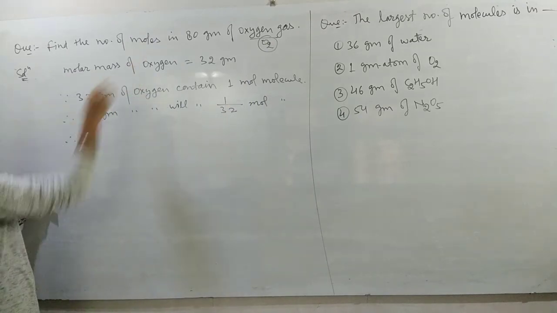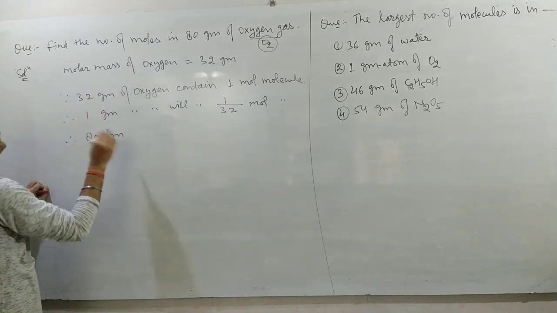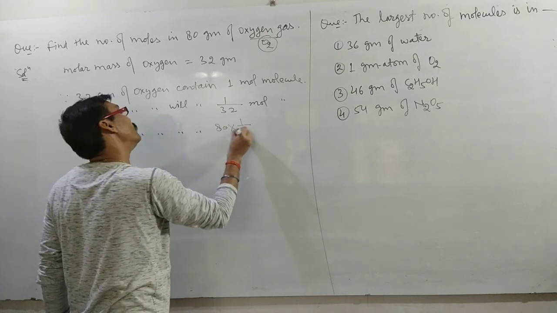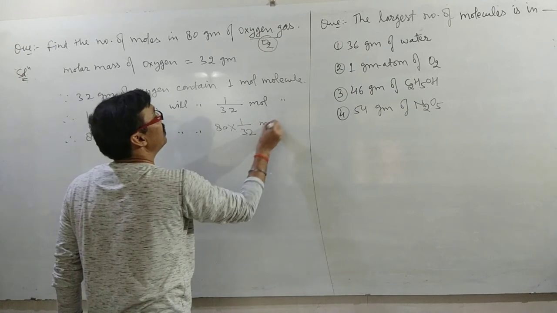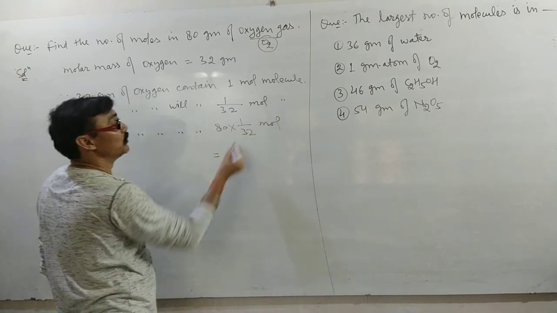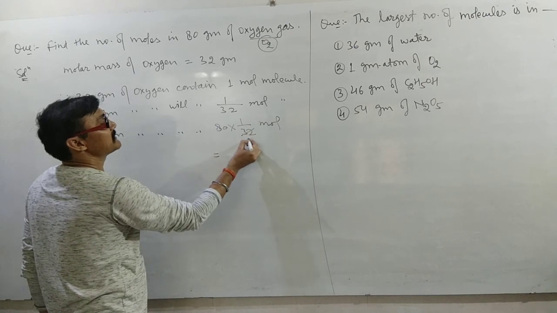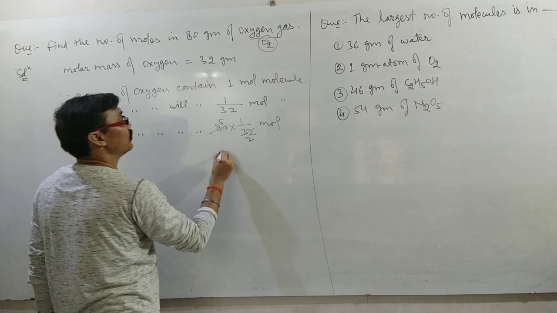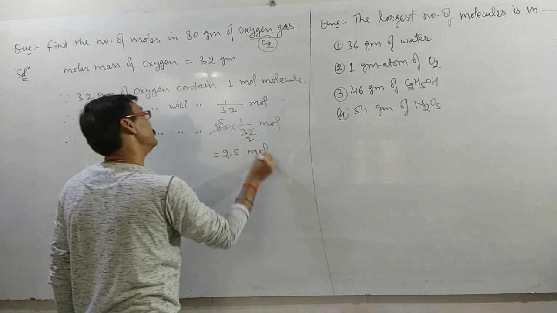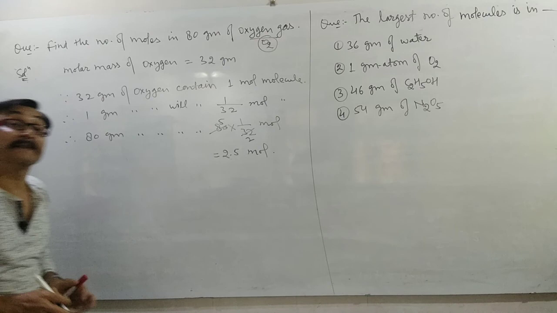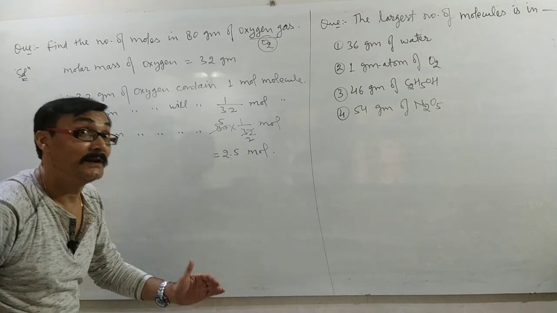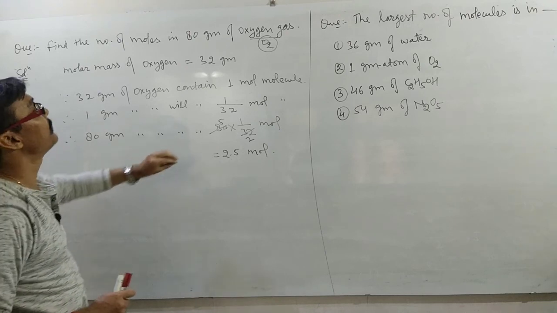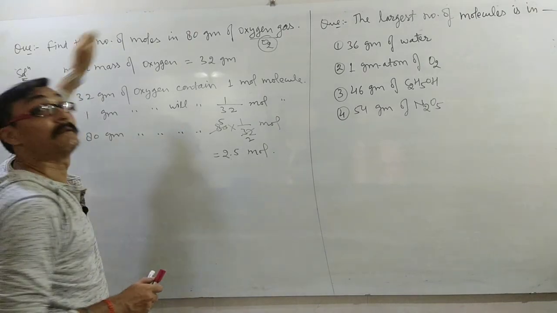Now, 80 gram of oxygen will contain 80 by 32 mole, which is equal to 2.5 mole. It is not class 5th. You should not use unitary method, so you can formulate these data.